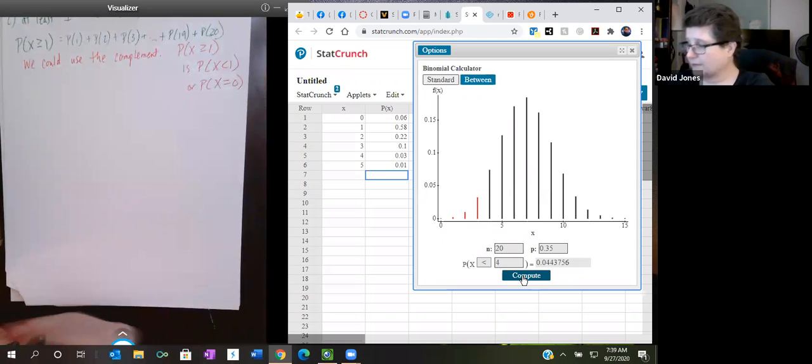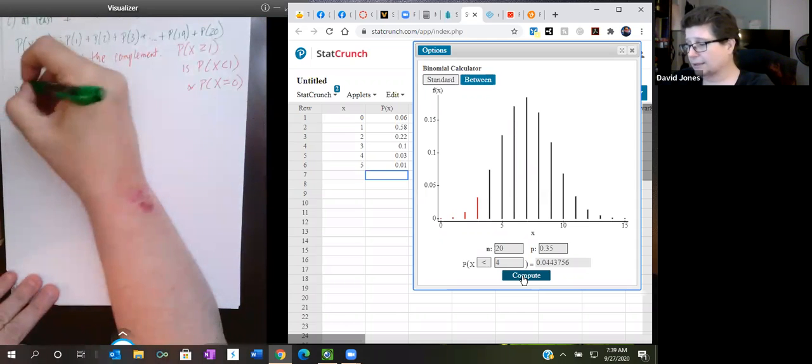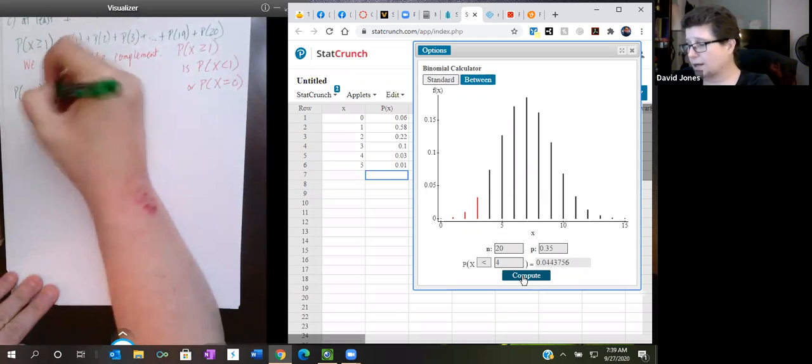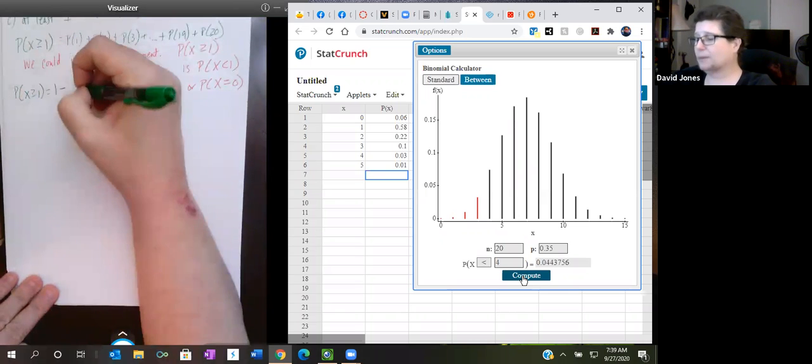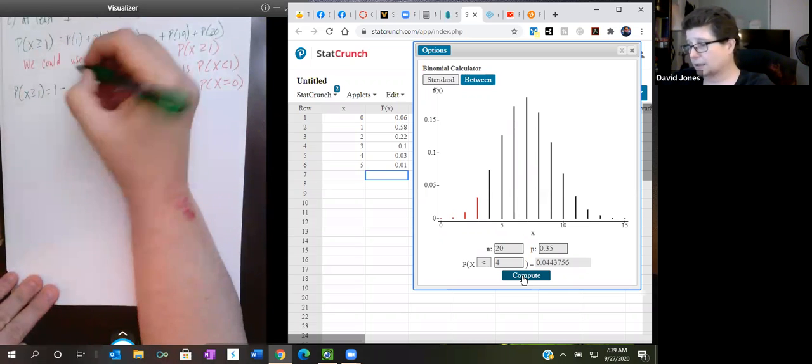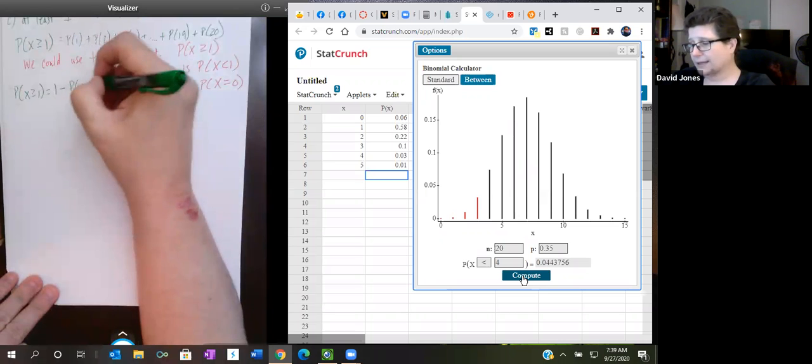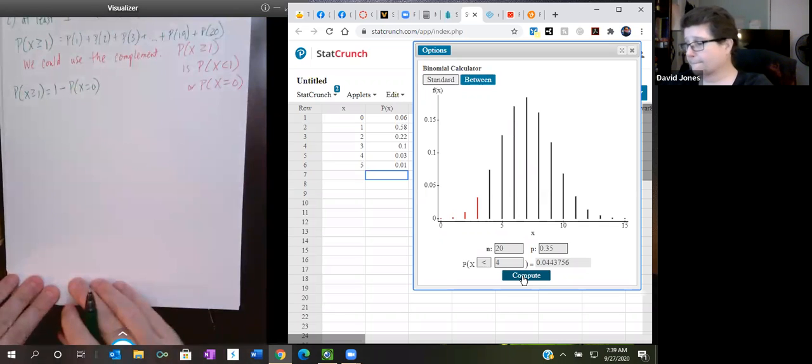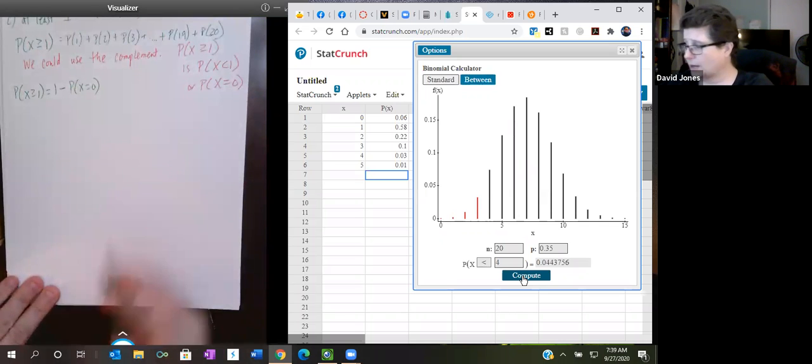Which would make it, if we did that, we could do probability that x is greater than or equal to 1 is 1 minus the complement, or 1 minus the probability x equals 0. And we could do the formula.